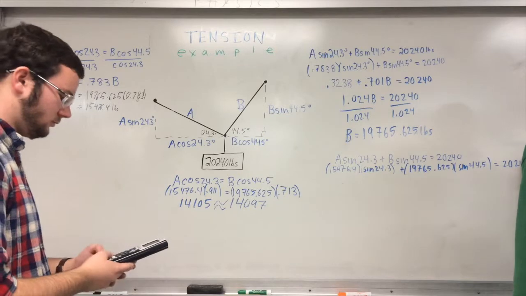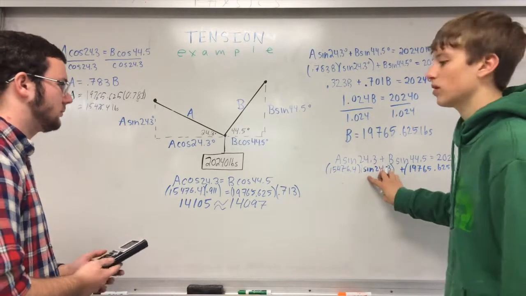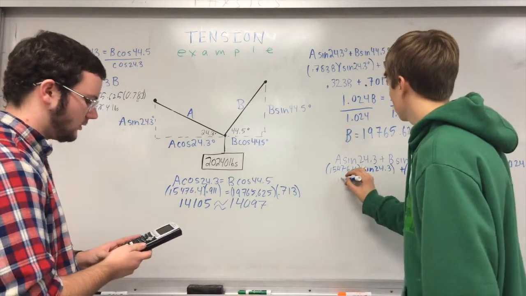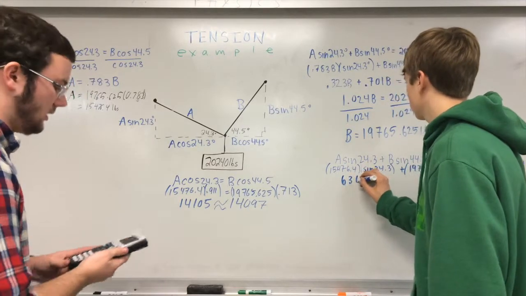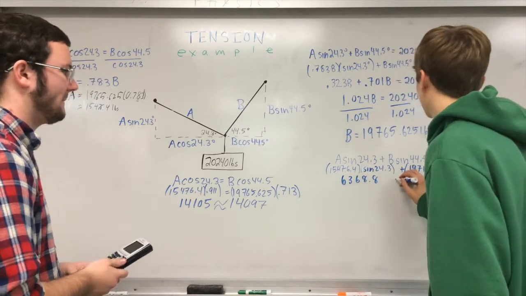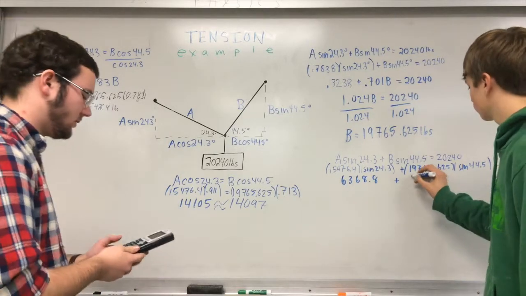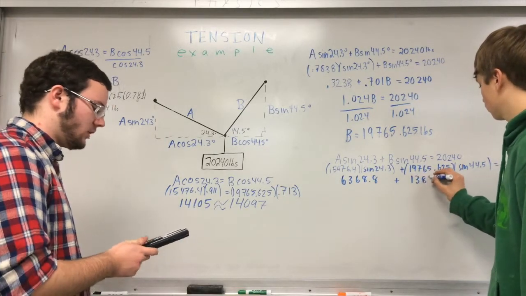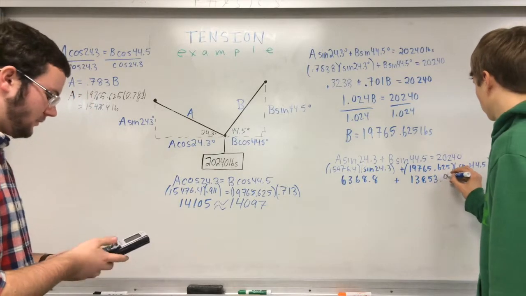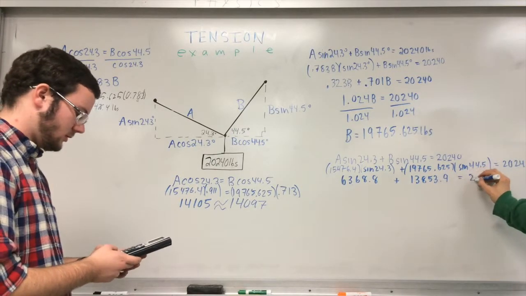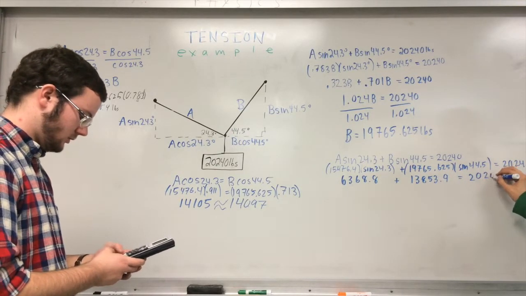After doing all these, we calculate that this comes to be 6,368.8, and then we're going to add this times this, which is going to be 13,853.9, and that should equal that 20,240.